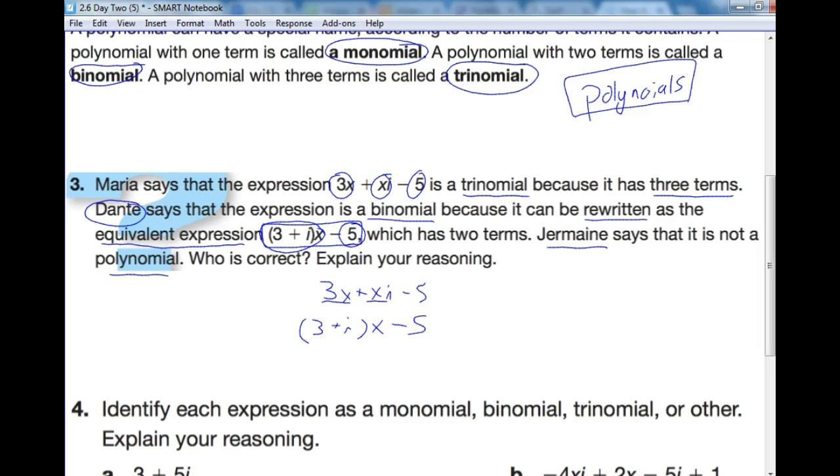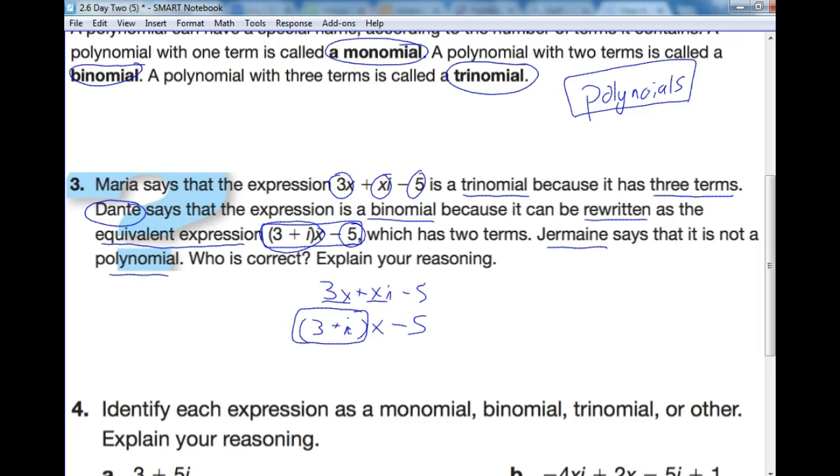This is a binomial because this is one term and this is one term. The reason most people don't want to see this as one term is that 3 plus i is singular, it's one complex number times x.